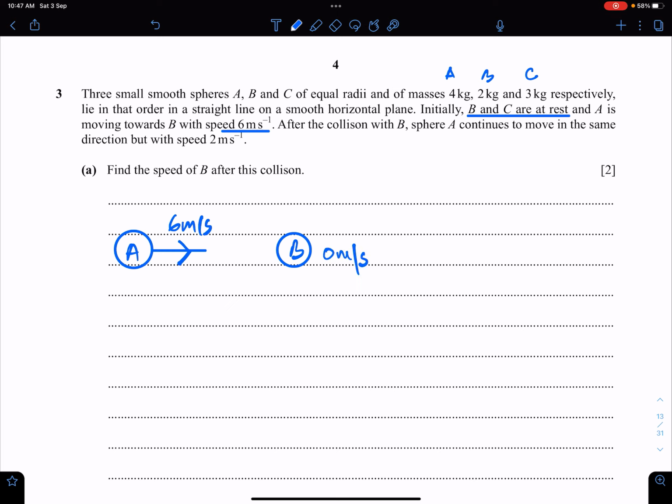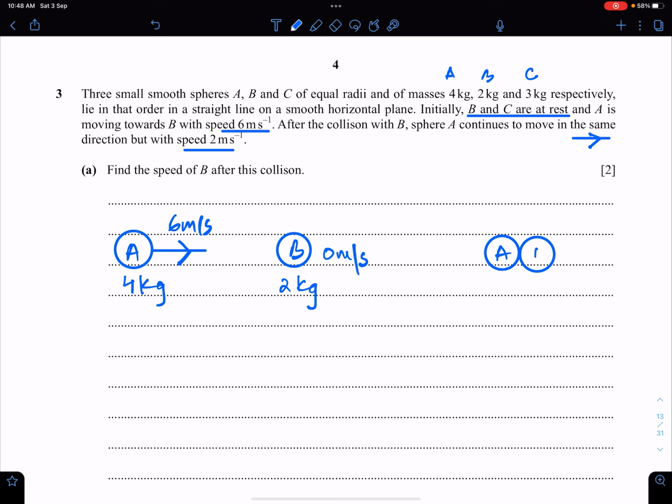And the mass of A is 4 kg and the mass of B is 2 kg. After the collision with B, sphere A continues to move in the same direction, same direction means in this direction, but with speed 2 meters per second. Now this is the sketch after the collision.